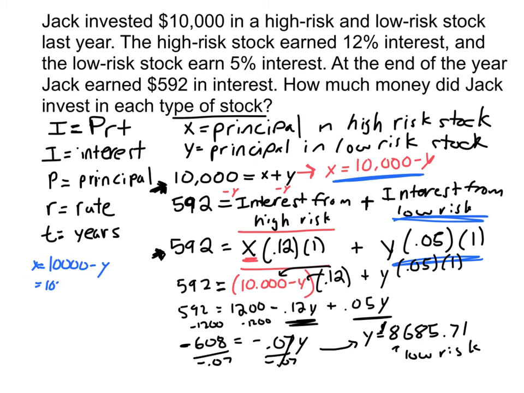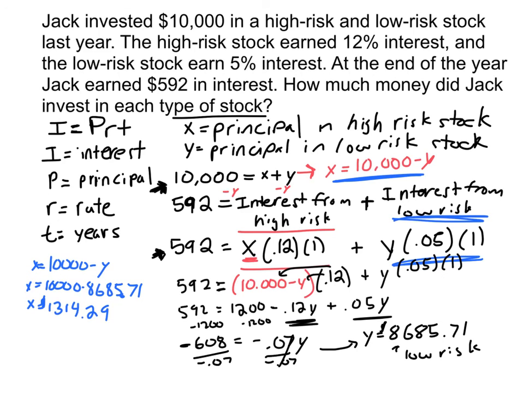So that's going to be 10,000 minus 8,685.71, and I'll be left with x equals 1314.29. Okay, so I'm all out of room now, but you should write your answer.